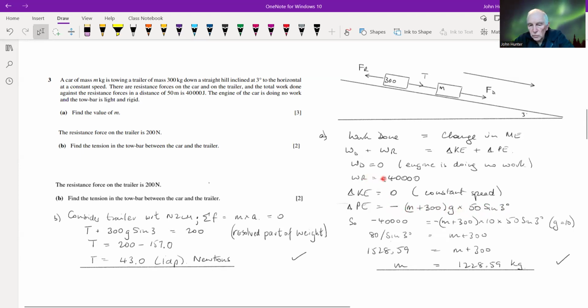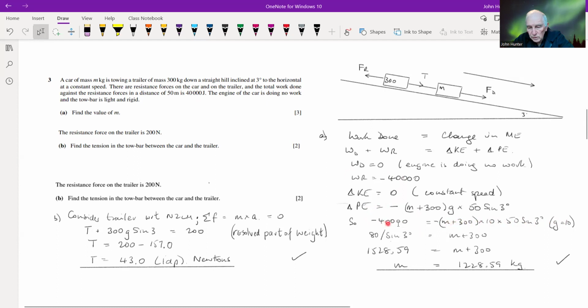So our resistance force, the work done, is going to be minus 40,000. That's what we're given there. So we've got our equation here: minus 40,000 equals this reduction in potential energy.